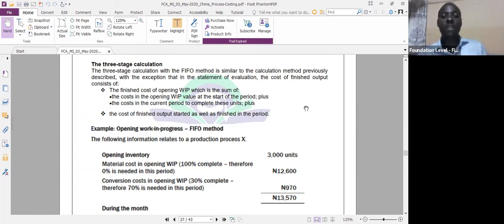So it means that we are going to calculate finished cost of opening work in progress. What does it mean? The work in progress is what came in first. And we are saying first in, first out. We must have incurred some costs in that work in progress to bring it to that stage. We are going to bring that cost.